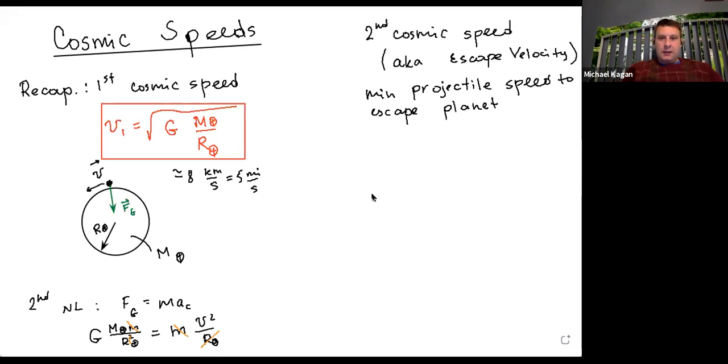So let's do that. Let's say we're talking about the radial escape. And I want to use the energy approach here. So we're going to consider the UG versus radius graph.